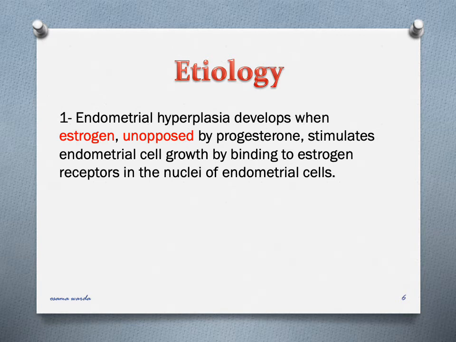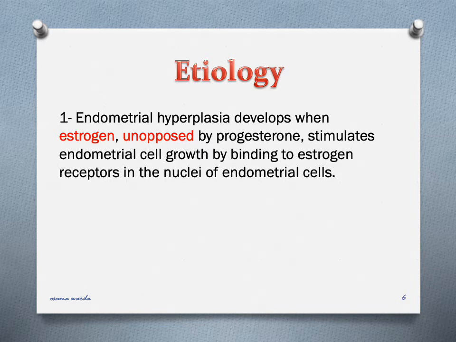The etiology of endometrial hyperplasia is the continuous estrogen stimulation of the endometrial cells, unopposed by progesterone, that leads to its growth by binding to the estrogen receptors in the nuclei of the endometrial cells.